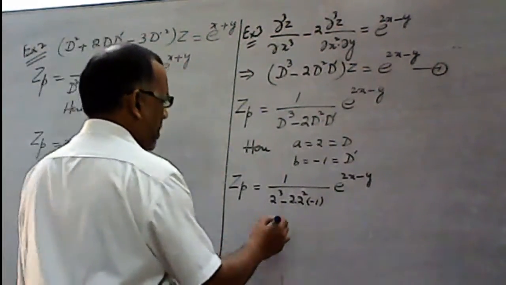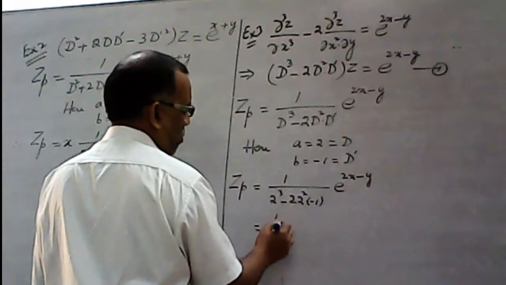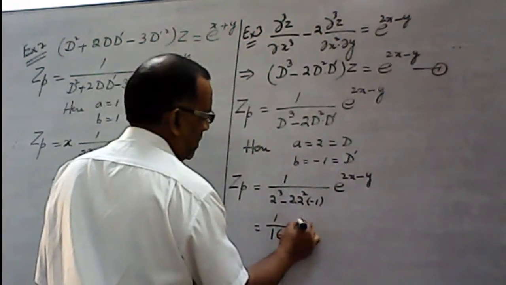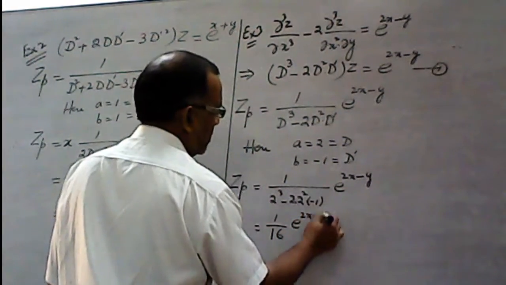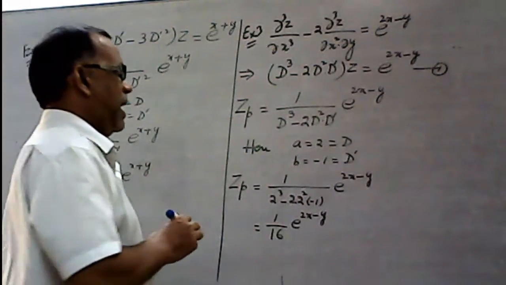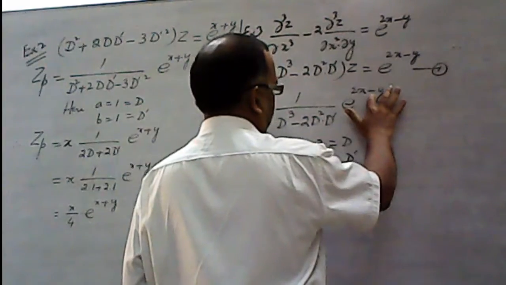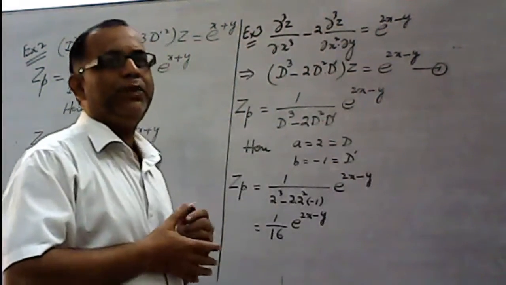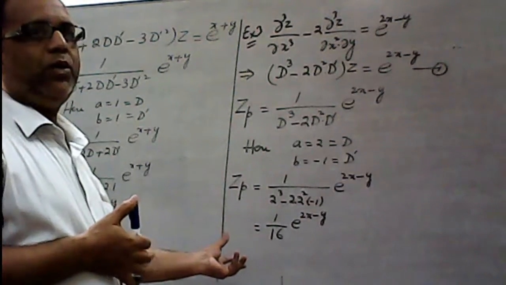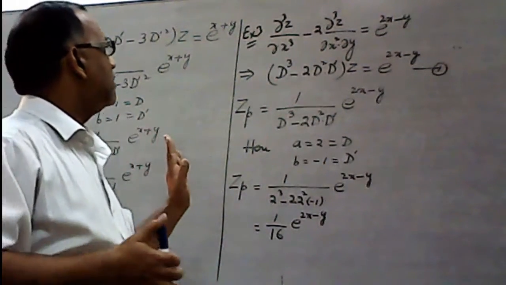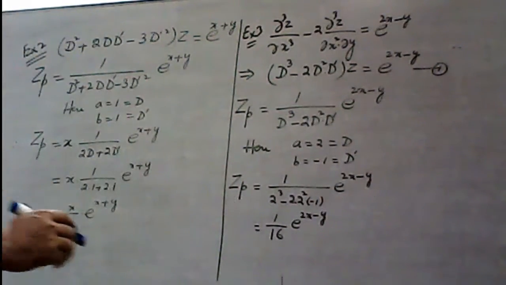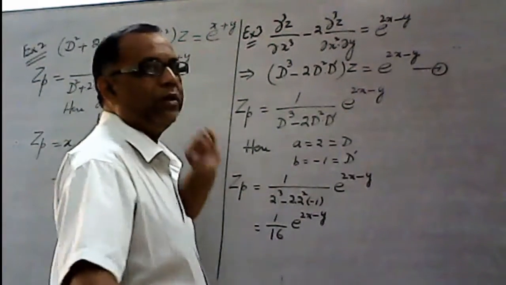So this becomes 1 upon 8 plus 8, that is 1 upon 16, e power 2x minus y. So if you have a minus sign in between, it means the value of b is with a negative sign. So this is the way to use method number 1, that is when an exponential is given on the right hand side.